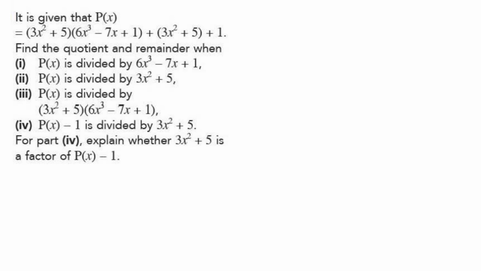Right, let's look at part 4. So part 4, you're given that you need to take p of x minus 1 divided by this. For part 4, explain whether 3x squared plus 5 is a factor. Oh, okay. Right, so we just do as what they ask us to do. So the question says take p of x minus 1. Right, so your p of x is just 3x squared plus 5 times 6x cubed.